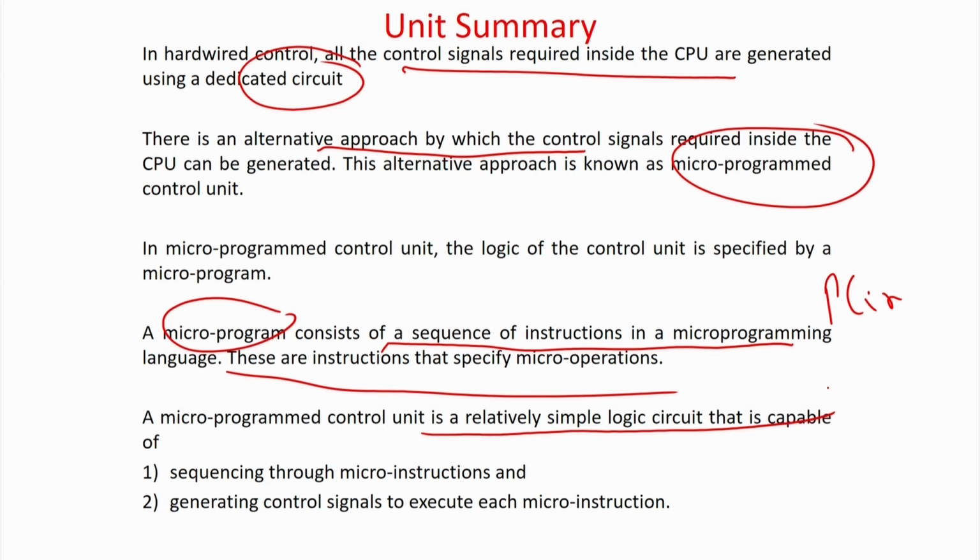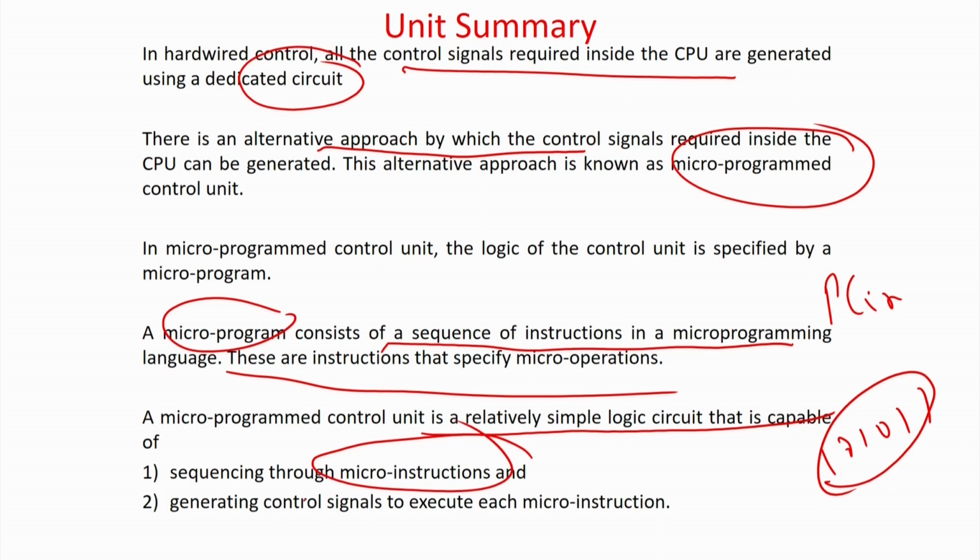In fact, it is a memory with some peripheral circuits which will go through a sequence of micro instructions. There is nothing but 0 1 0 1 1, these are some of the control bits which have to be made 0 and 1 based on the micro instruction. They are written in a memory, and when you access that memory, those values are given directly as output control signals.